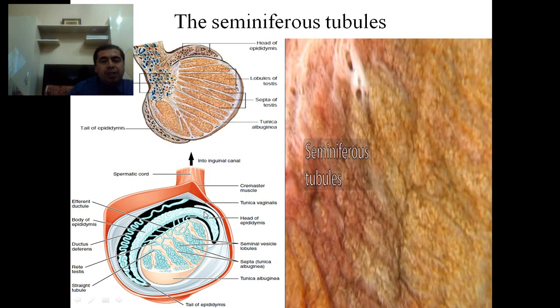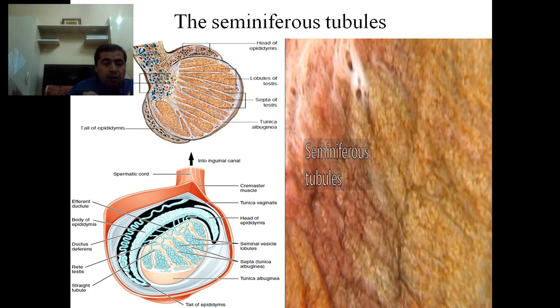For comparison, these convoluted tubules are so coiled. The common length of such a tubule is equal to 250 meters.